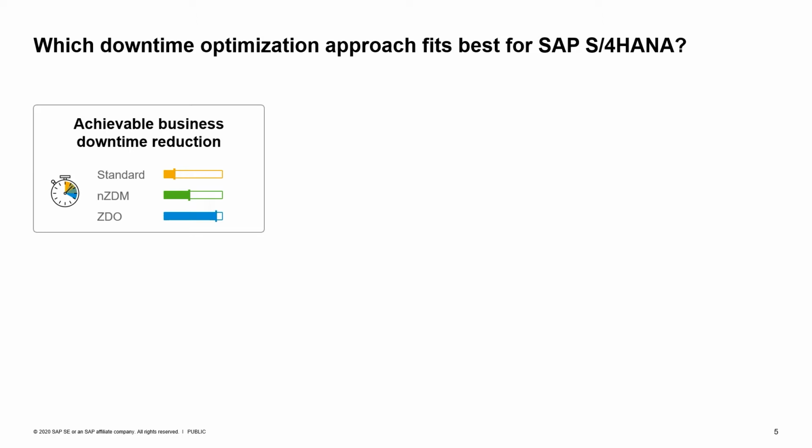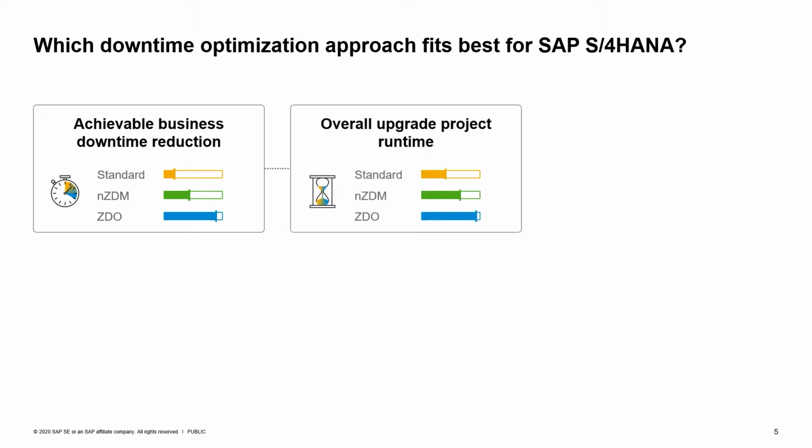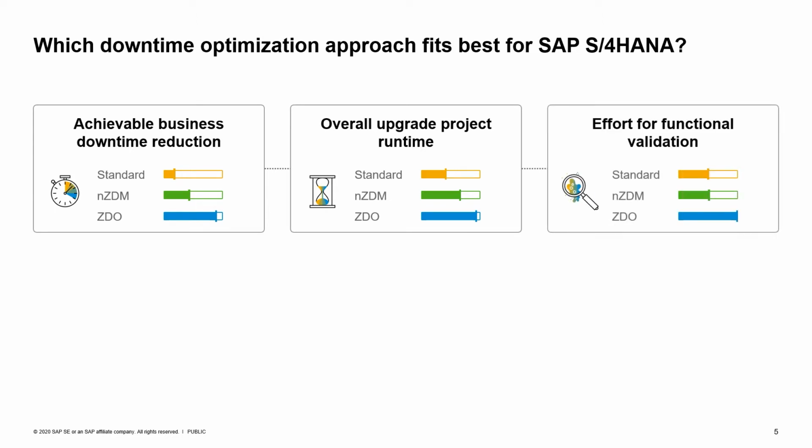So if your business gives you like 48 hours or 72 hours, it's probably sufficient to go ahead with the NZDM option. Because you can already imagine if you use a zero downtime option, since I already told you this, the effort increases. That means the overall project runtime and also the effort that we have to put in order to validate the release increases.